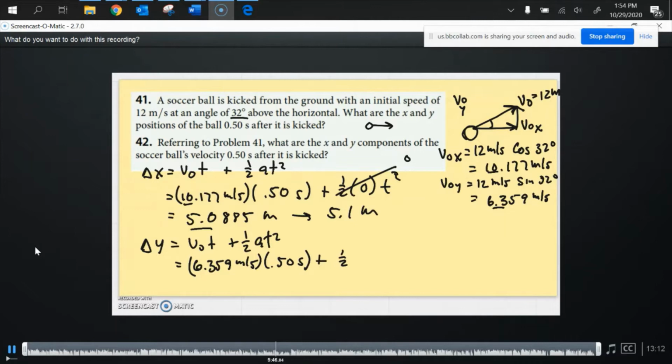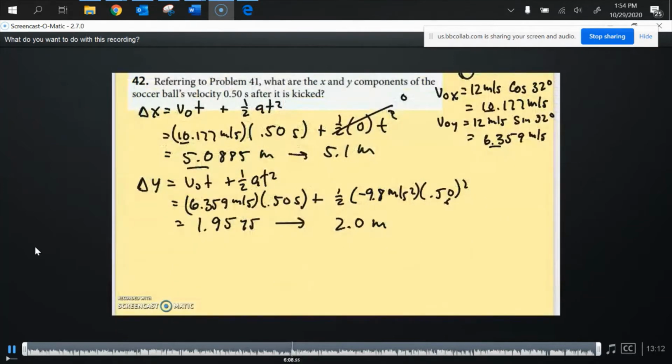The initial velocity was up, so I made it positive, and this acceleration is down, so I'm going to make it negative, and 0.50 seconds squared there, and that's going to give me a delta y of 1.9545. I'll round that to 2.0 meters.